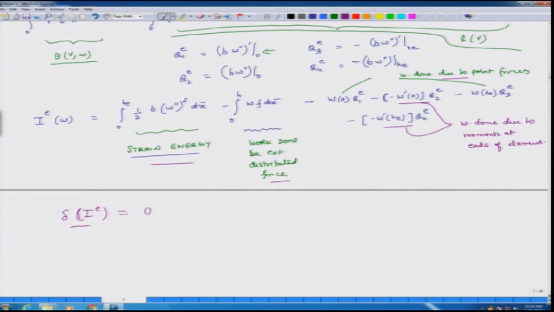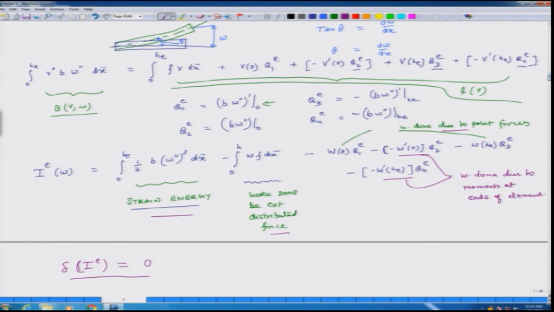If you go back to our earlier lectures on the variational operator, if you take the variation of this entire thing, you will get this equilibrium equation. So what this equation represents is the first variation of I when it is equal to 0.